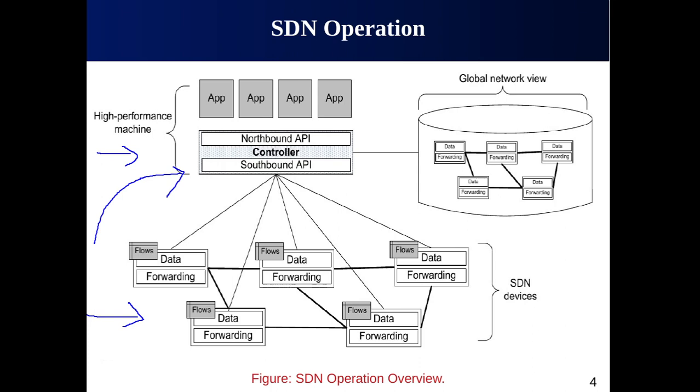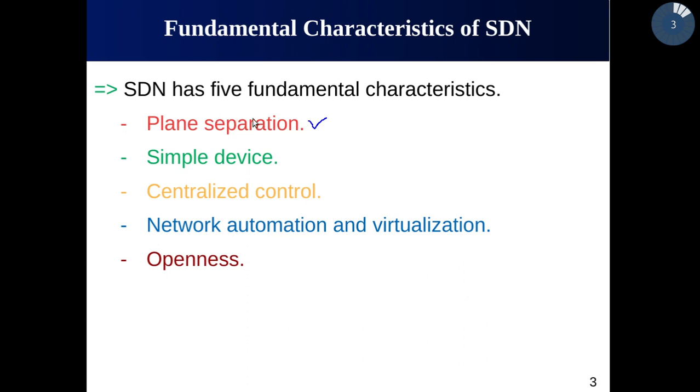But in SDN, the control plane is moved off the switching devices. Now it becomes a centralized controller. So that is the first characteristic: we separate the control plane from the data plane. In simple words, that is the first characteristic.